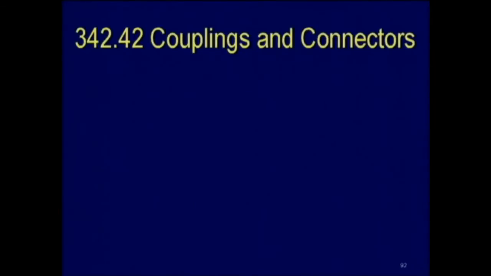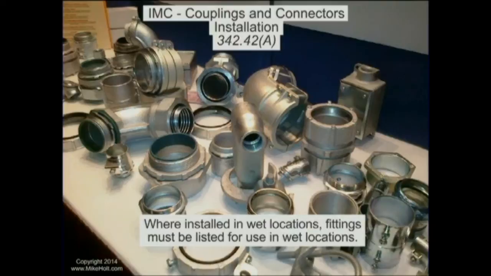Couplings and connectors, 342.42. Where installed in wet locations, fittings must be listed for use in wet locations. Now, if I put a raceway in the earth, Ryan, you say that rule was 300.5(B)? That raceways underground are considered to be in a wet location?